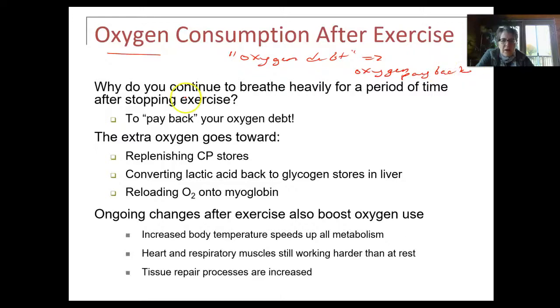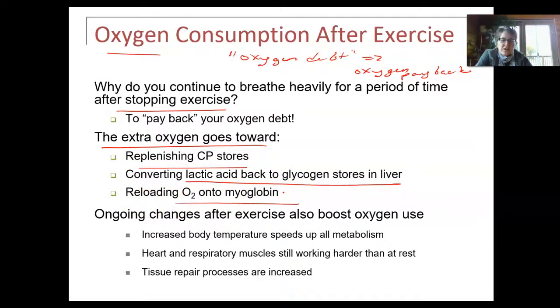So why do you breathe so heavy after you stop exercising? Well, we're getting a whole lot of extra oxygen to repleting the creatine phosphate stores, to the liver to convert lactic acid to glycogen, and we're getting more oxygen onto that myoglobin oxygen store within the muscle cell.